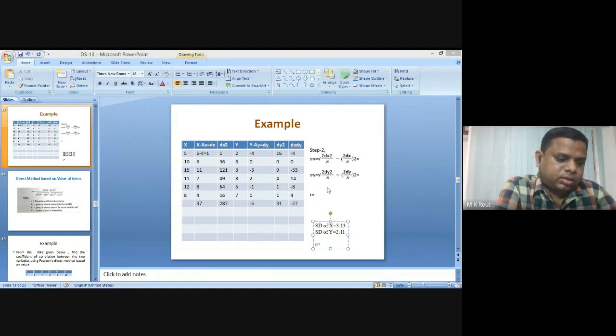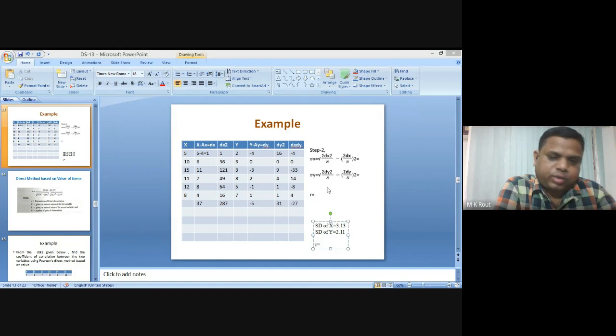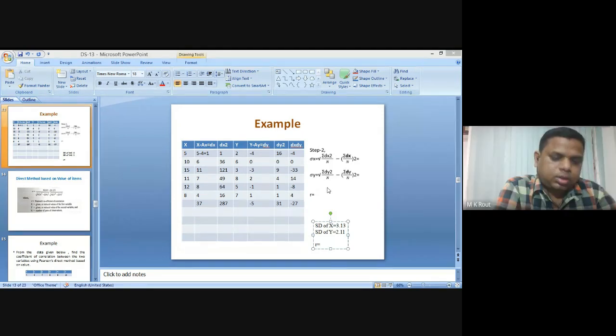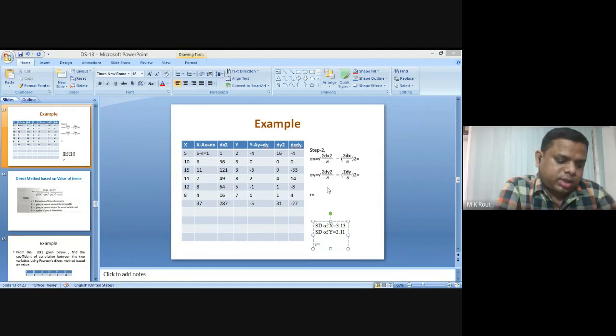What is the answer? 47.83. Next, sum of dx is 37, so 37 divided by 6 equals 6.16.